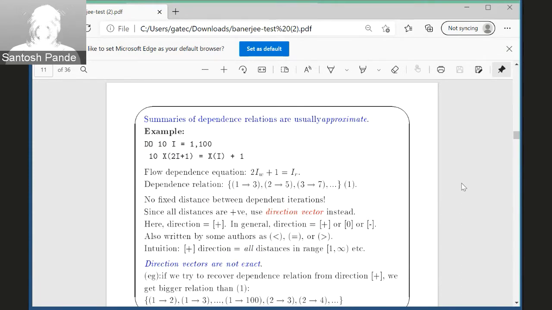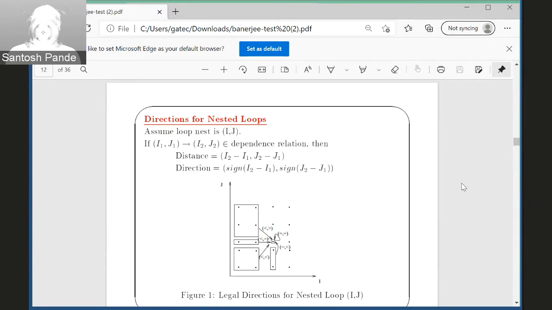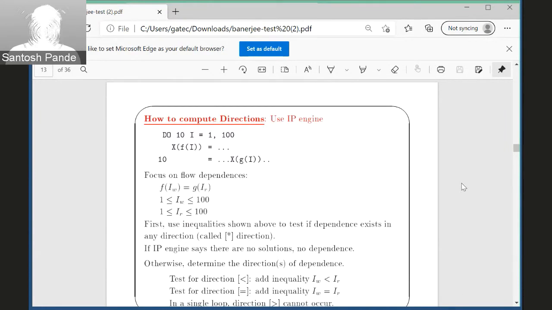But in general, what we will do is we will try to solve these dependence problems using what we call dimension by dimension dependence testing. We will try to see if the dependence is there in a given dimension, and if we cannot say it is not there, then we assume there is a dependence. Many times we cannot really say if there is a dependence at compile time, as in the examples last time.